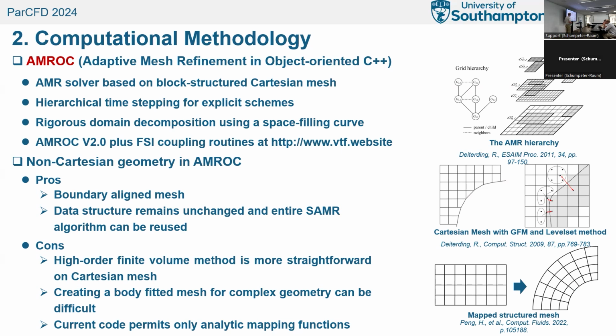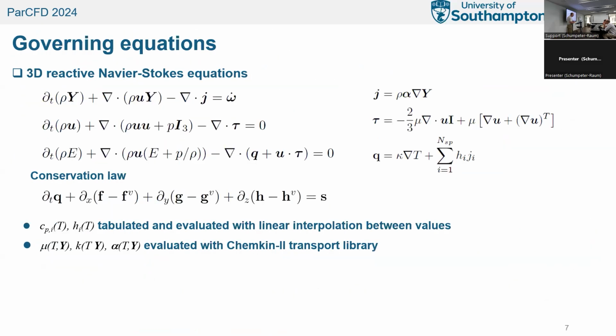So here we actually went back to a mapped mesh approach. What we implemented for this project is a mapped mesh on the block-structured hierarchy that allows the capturing of the boundary, of course, with very good accuracy. So the solver works.